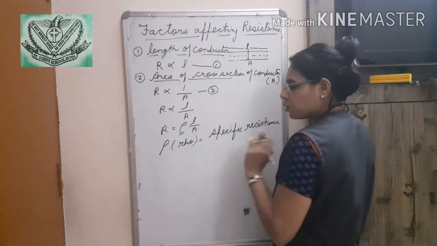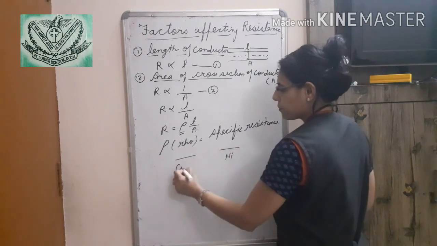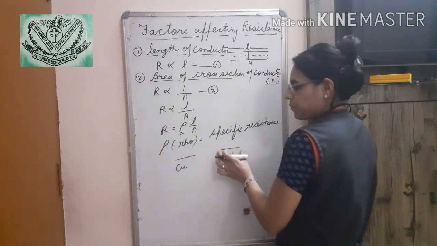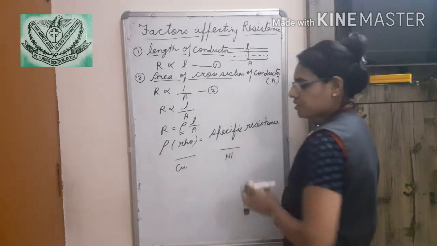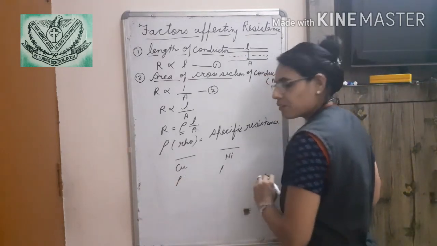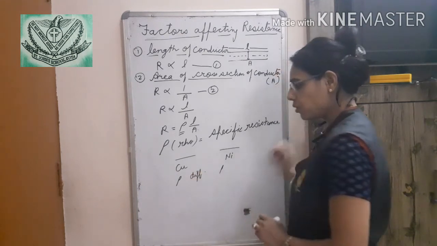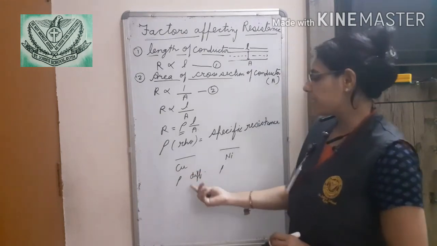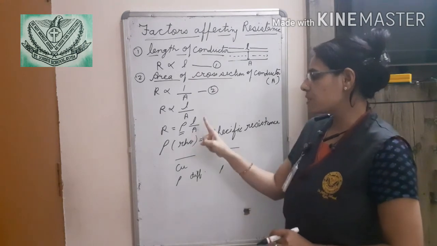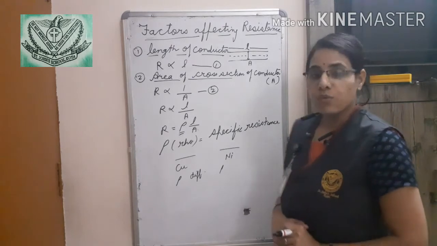Now this rho is different for different wires. Suppose we have taken two wires, one of copper and another of nickel. Length is the same, area of cross section is the same. Still the value of rho that we find is different. So rho indicates a different value for the same length and same cross section area of wire.